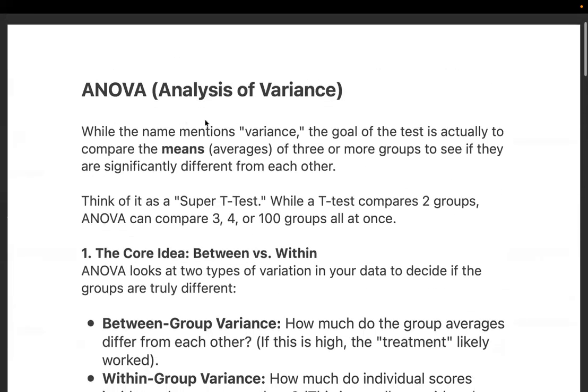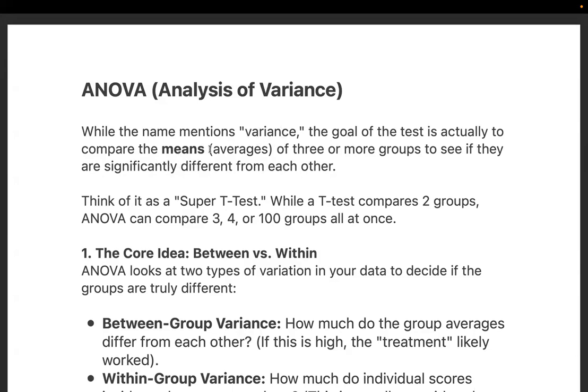Let's go to ANOVA. While the name mentions variance, the goal of the test is actually to compare the means of three or more groups to see if they are significantly different from each other. The tool is variance, but the actual goal is to compare the means of three or more groups.